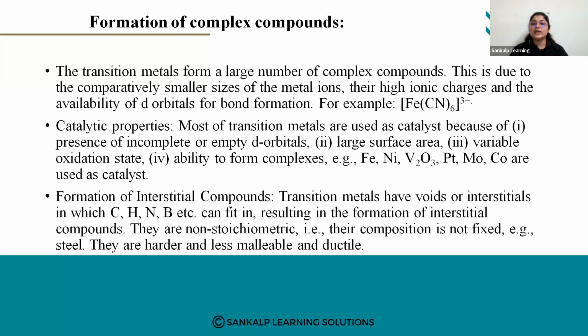They have high ionic charges and the availability of d orbitals for bond formation. So because of the smaller size, high ionic charges and availability of d orbitals for bond formation, most of the transition metals form complex compounds. So these are the reasons. Remember this: why transition metals form a large number of complex compounds. Keep these 3 points in mind.